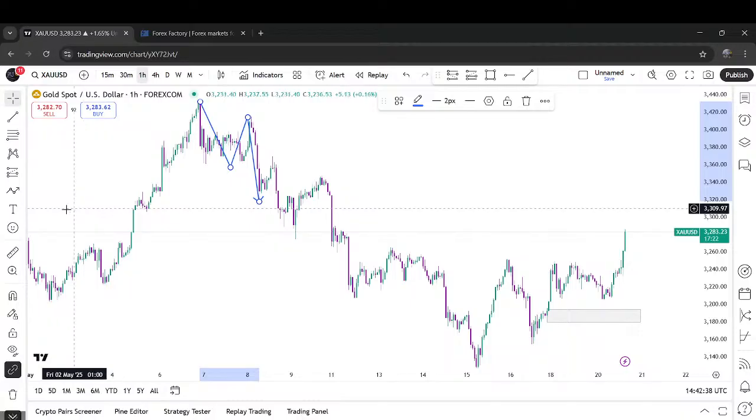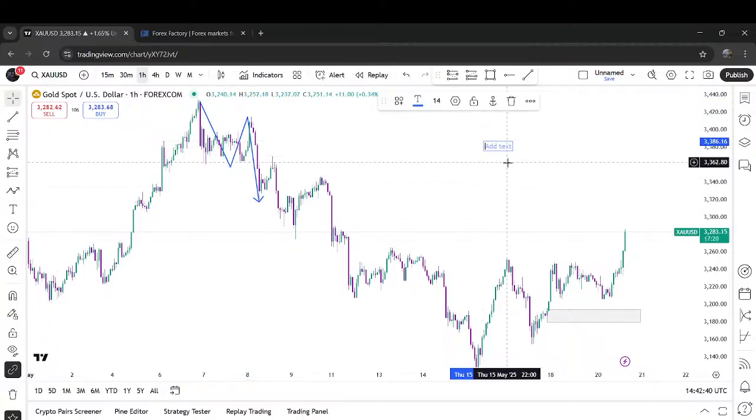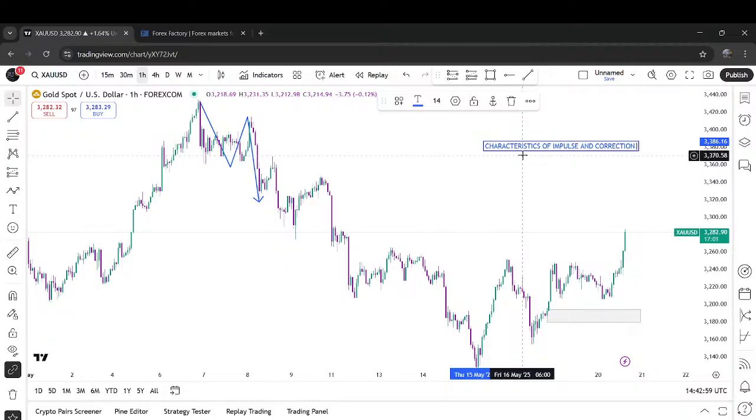Okay, so I feel like typing this down for you. So, characteristics of impulse and correction moves.